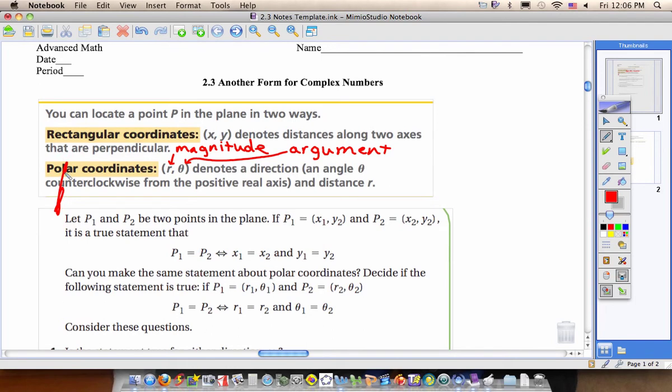If you have 2 points with rectangular form, you know that the x and y coordinates have to match up. And on this, instead of y2, it should be y1. So you're matching up. Point 1 has the coordinates x1, y1. Point 2 has the coordinates x2, y2. If the points are the same, then their x and y coordinates match. No big deal there. You've done that before.